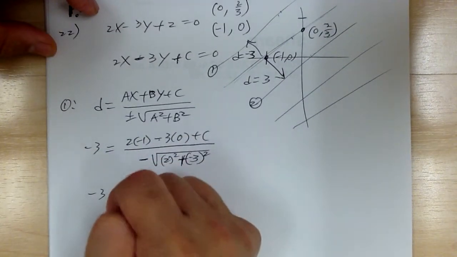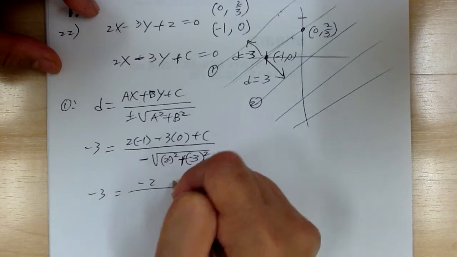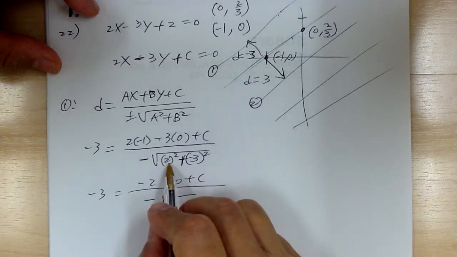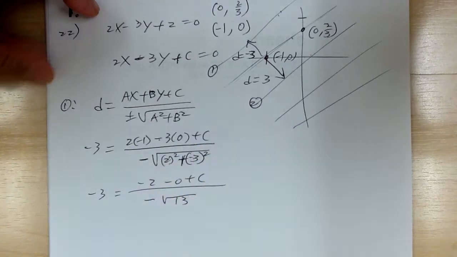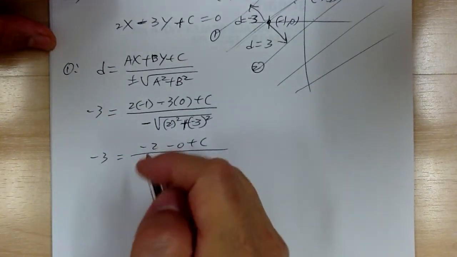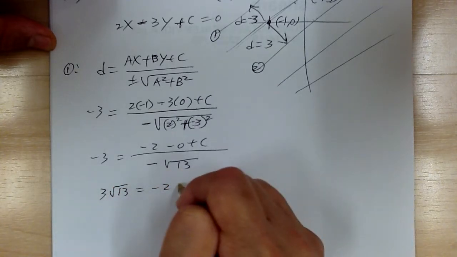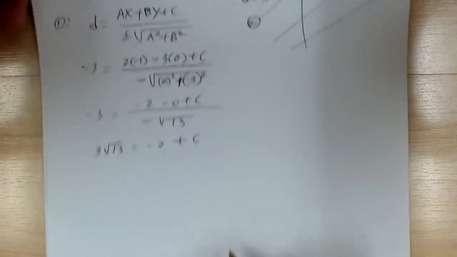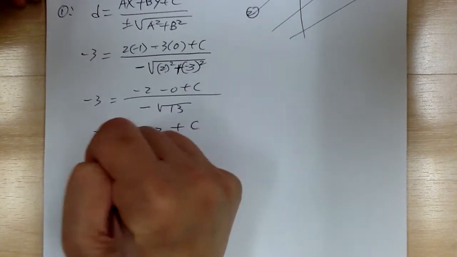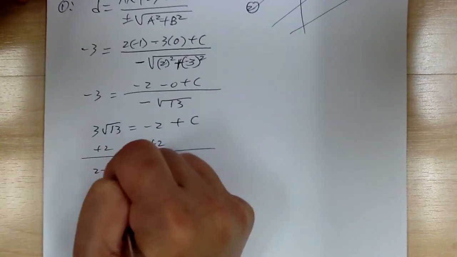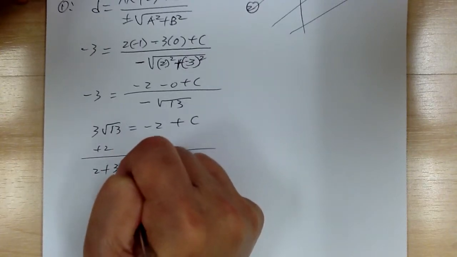So you get negative 3 equal to negative 2 minus 0 plus c over negative square root of, 4 and 9 would be 13. Cross multiply, so I get 3 square root of 13 equal to negative 2 plus c. Plus 2 on both sides, so c equals 2 plus 3 square root of 13.